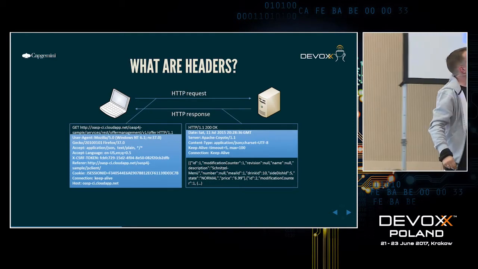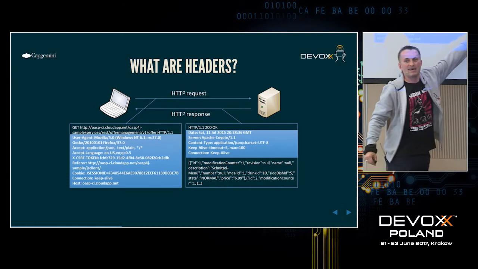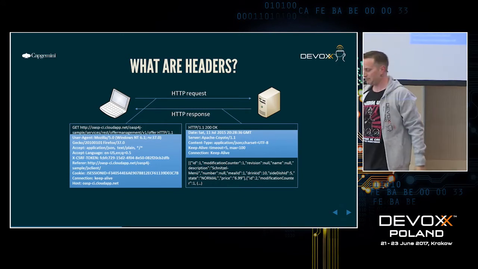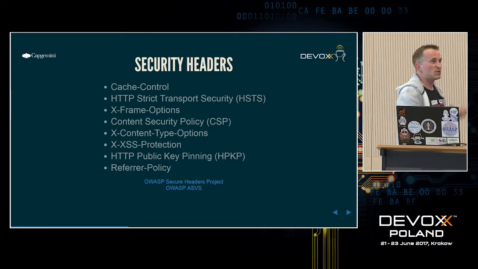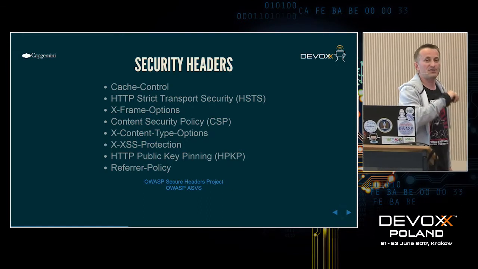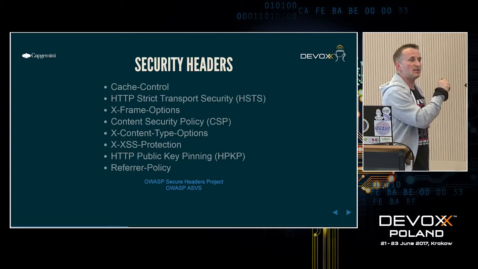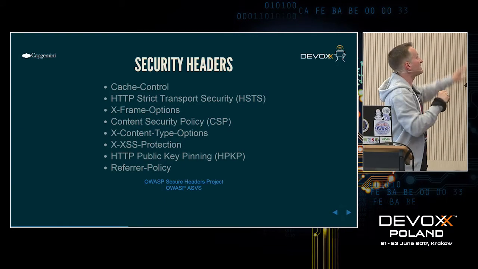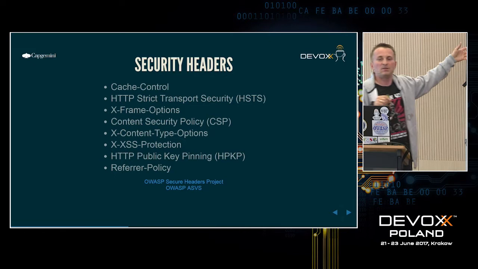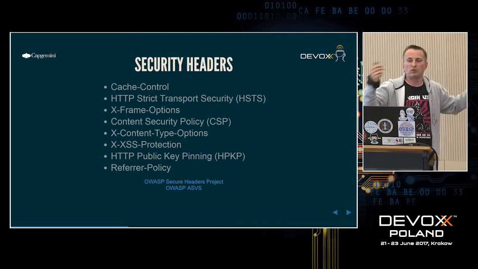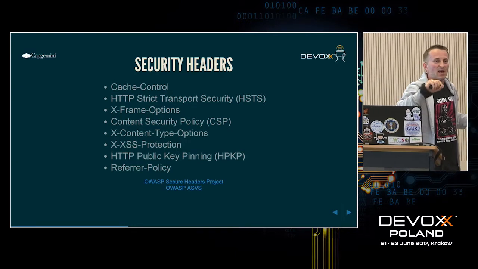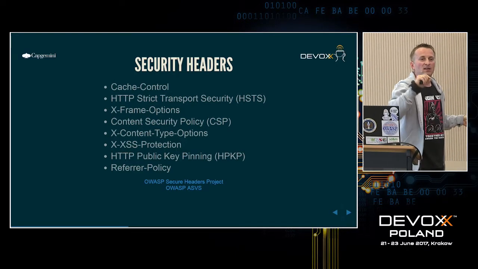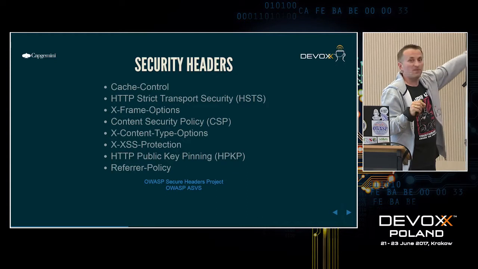So they are those response headers you see on the right side. Which headers are security relevant? Here is my list of the headers I think are security relevant. And I think this list could be even a bit bigger. One or two headers might still be missing. And the question for you is, have you thought about the configuration of each of them?